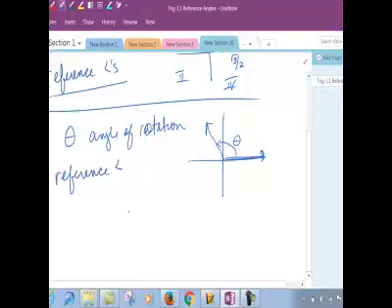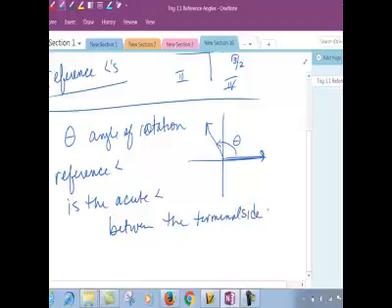Here's the definition: the reference angle is the acute angle, it's always acute, so between 0 and 90, between the terminal side of an angle of rotation and the closest x-axis.